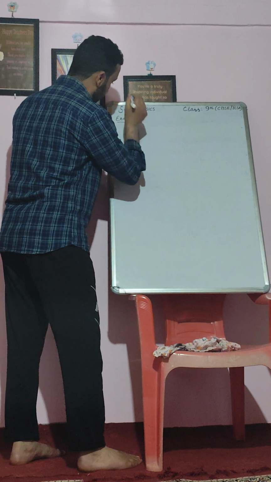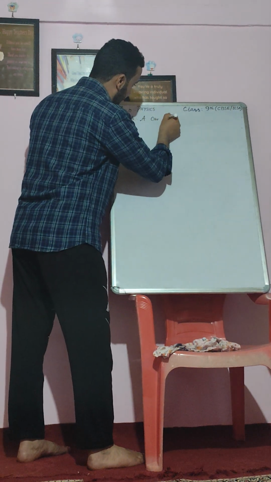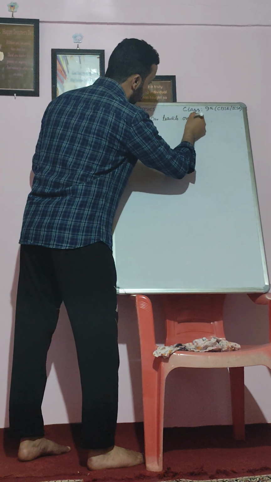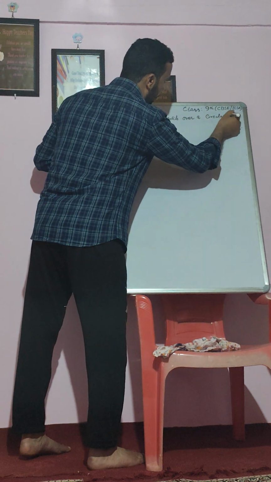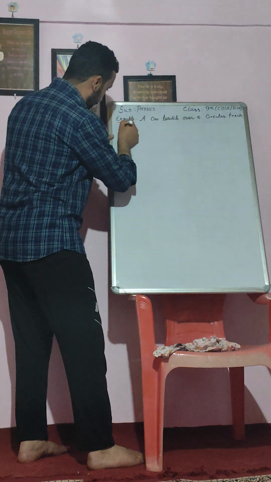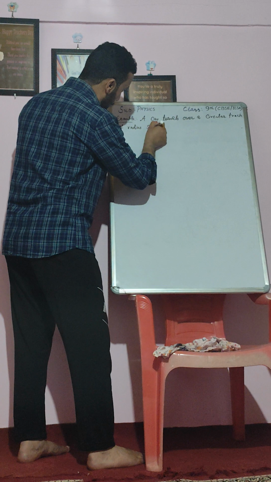For example, a numerical: a car travels over a circular track of radius 5 kilometers.